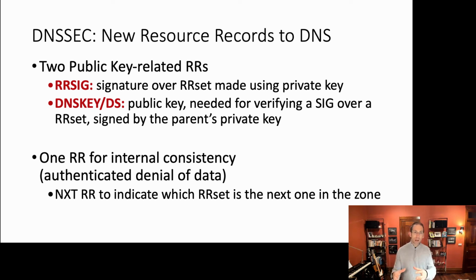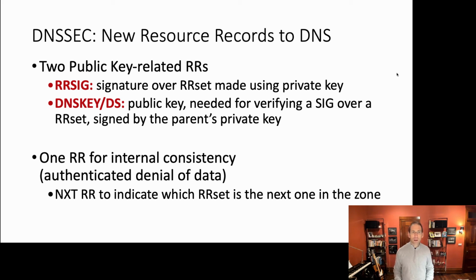But at that level in the hierarchy, in addition to returning the signed RR set, that authoritative name server would also return the DNSKEY, or the public key, corresponding to the authoritative name server in the referral.